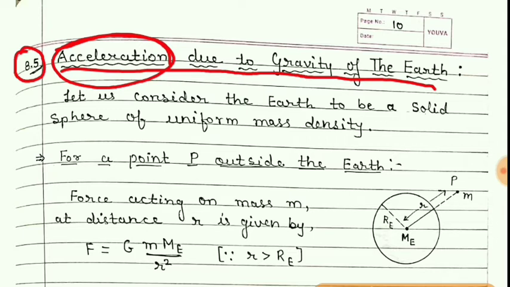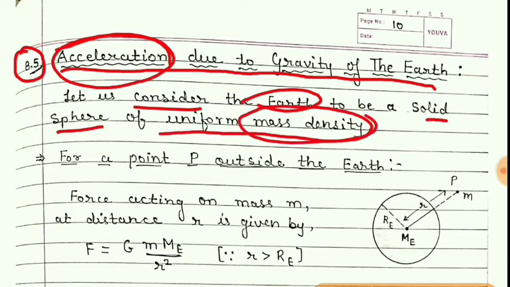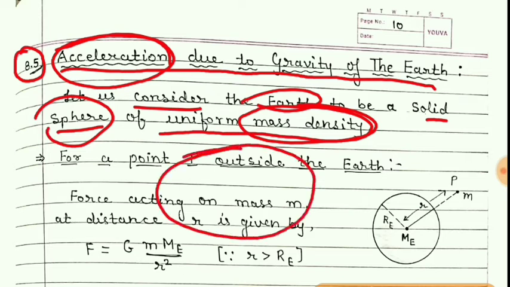Now students, here we will consider the earth to be made up of a solid sphere having a uniform mass density. We know that in the actual case the earth is not a complete sphere, its shape is oval like this, but here we are going to consider the earth to be a complete spherical solid.